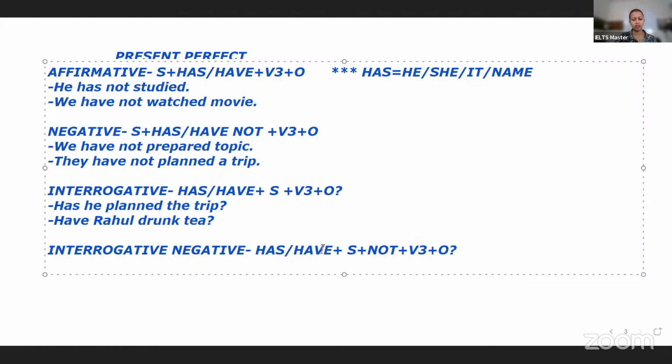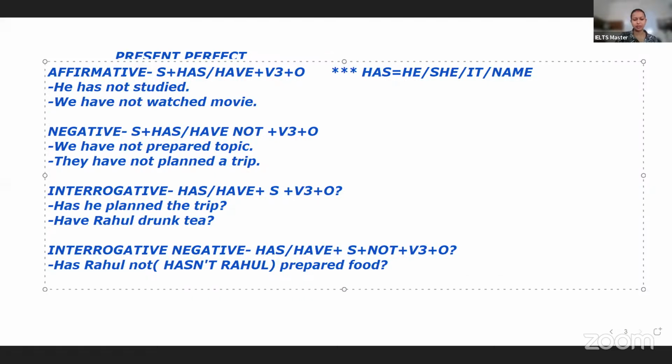Guys, this is for interrogative, right? With a question mark, you could write has Rahul not. You could also say hasn't Rahul prepared food. Are you getting?